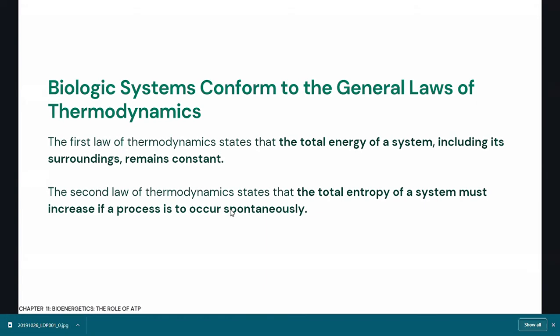First, we must understand these laws of thermodynamics. Let's borrow these two laws from the engineers. So the first law of thermodynamics states that the total energy of a system, including its surroundings, remains constant.